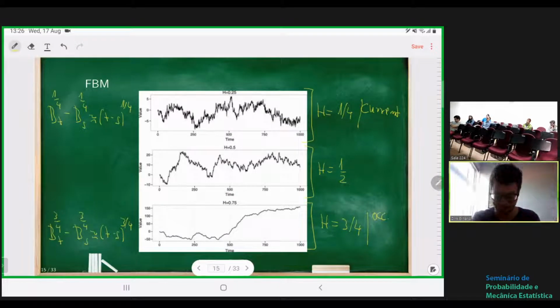Negative correlation. For the occupation time, however, if the occupation time is increasing, this means that probably close to the point you're observing, there are a lot of particles. And so there's a tendency that the occupation time will increase further in the future. Positive correlation. So I hope this picture makes sense.